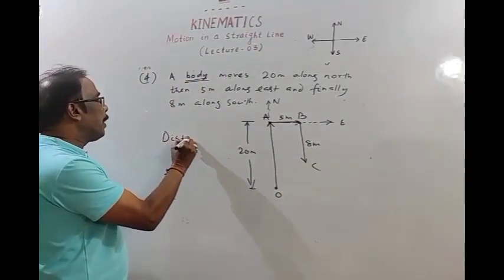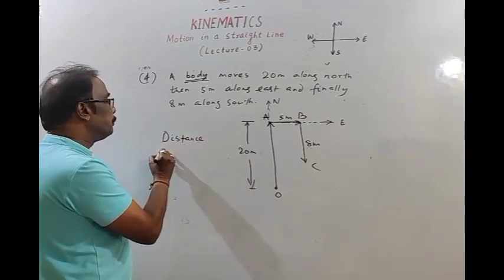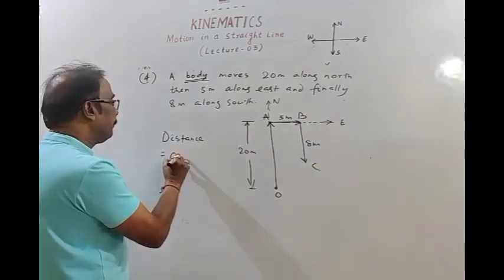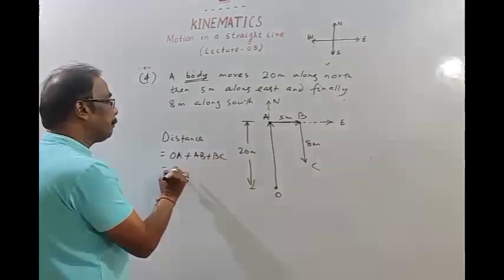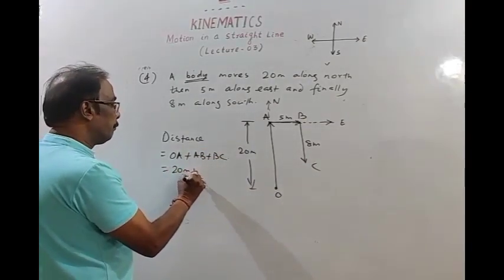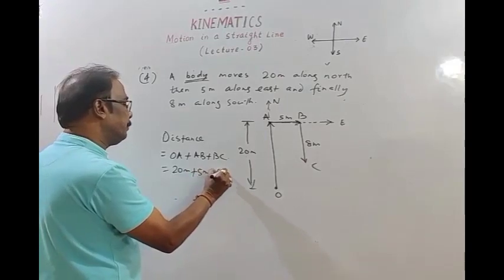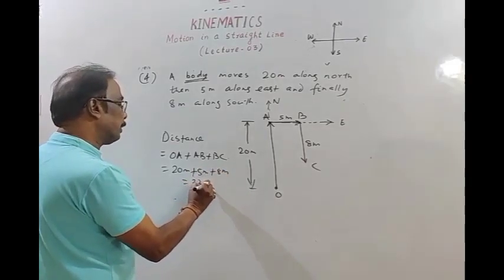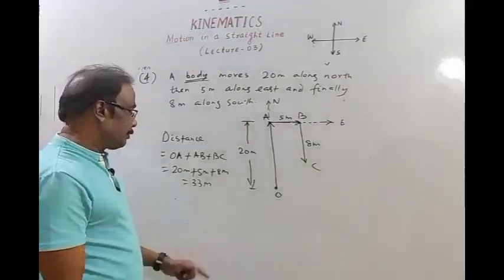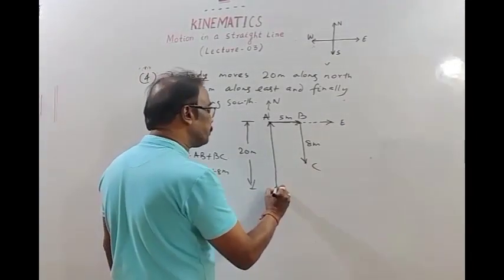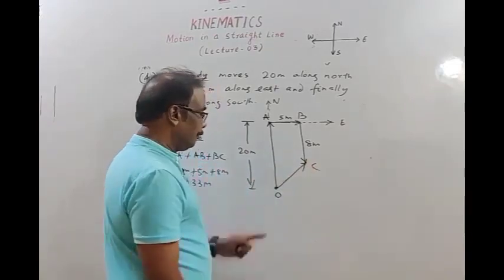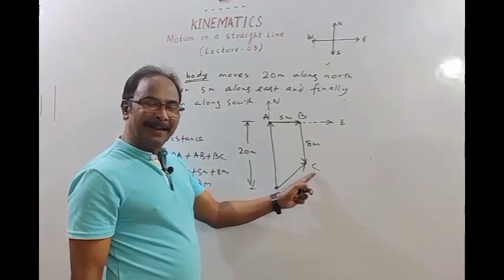Distance is actual path length irrespective of direction. So total path length from O to A, then from A to B, then from B to C. Then path length is 20 meter plus 5 meter plus 8 meter, and this comes 33 meter. So distance is 33 meter. Then displacement, O is initial position, C is final position. This is shortest path. So OC represents displacement.